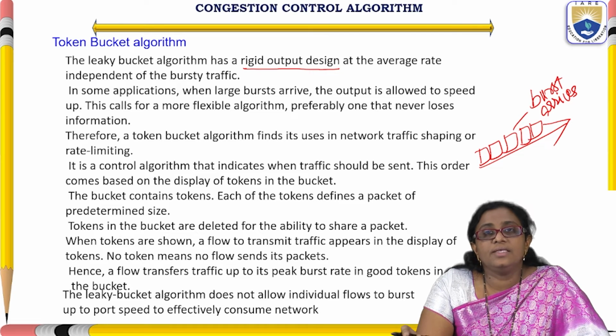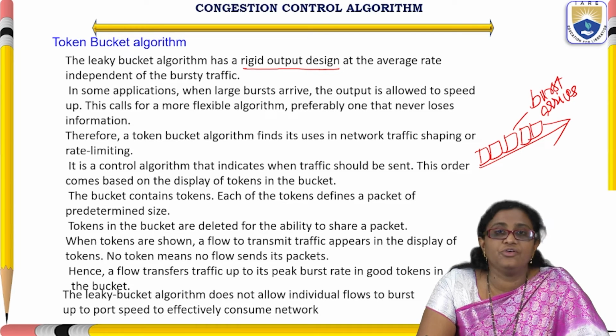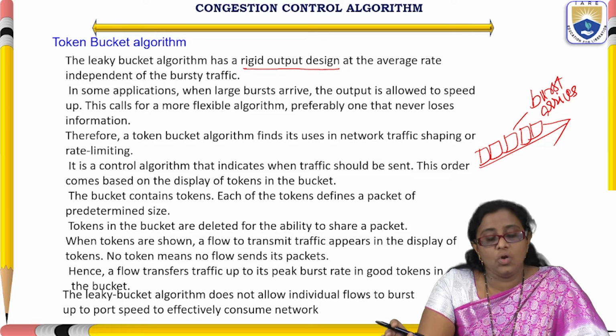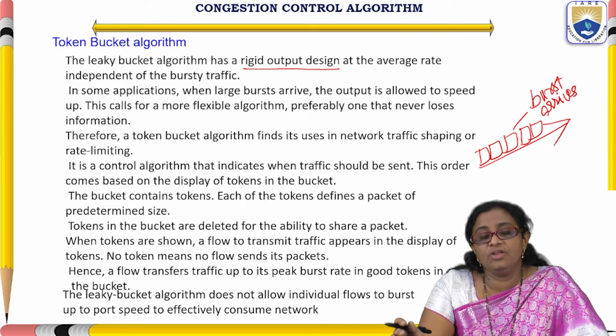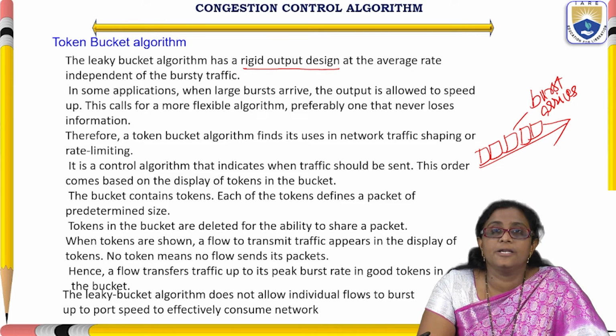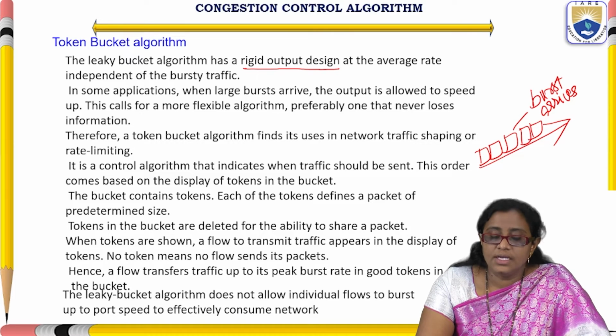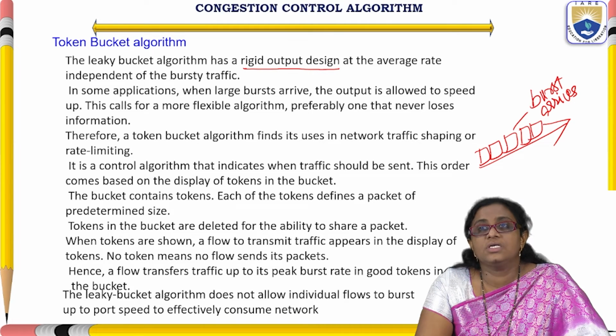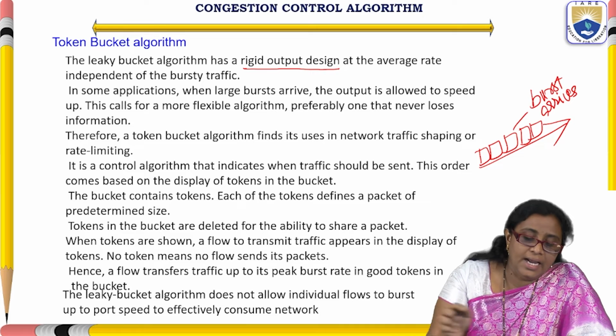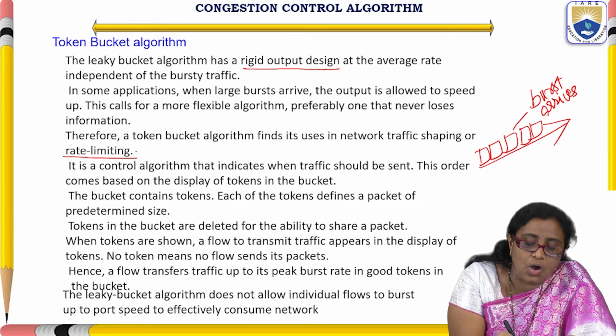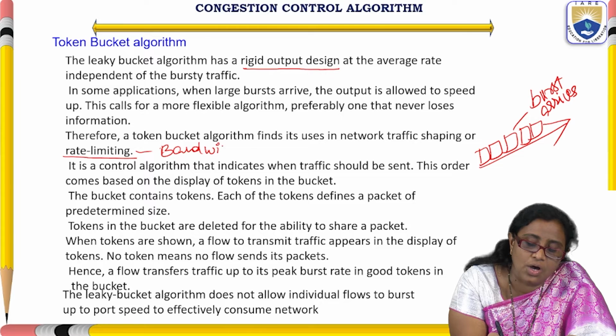This calls for a flexible algorithm, preferably one that never loses information, so that it reaches the destination. Therefore, the token bucket algorithm finds its uses in network traffic shaping, rate limiting, or bandwidth.